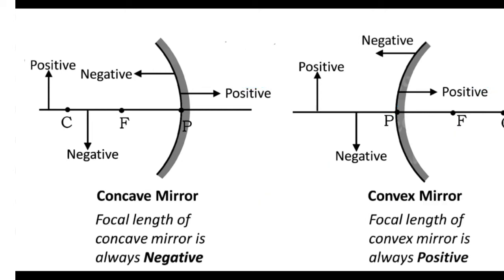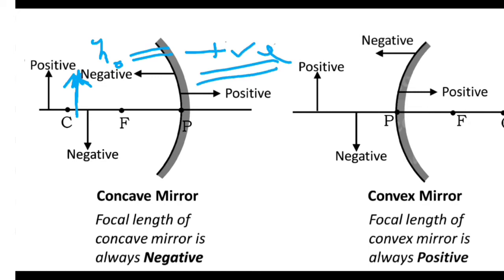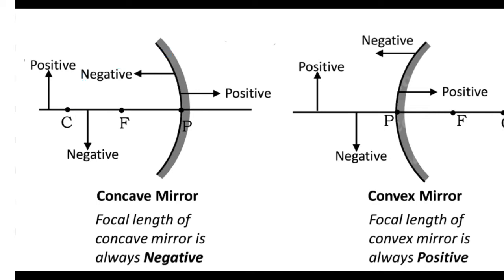Again the height, height of the object HO. So HO is always positive because when we put an object, it is always directed in the upward direction, which means erect. And for real image, it is always directed in the downward direction.